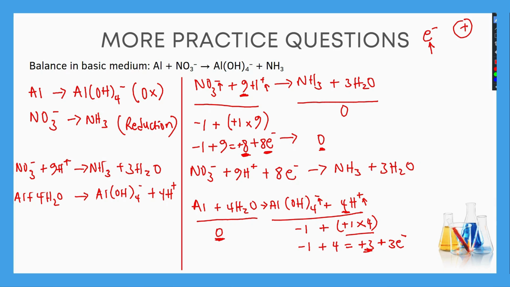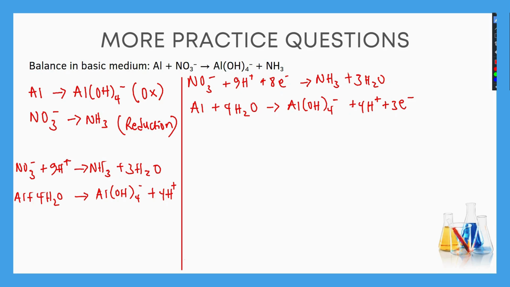So the final equation after adding charges becomes Al + 4H₂O → Al(OH)₄⁻ + 4H⁺ + 3e⁻. Now we've added the electrons to balance the charges. The next rule says make the electrons equal in both halves by multiplying appropriately. So let's see how that can be done.